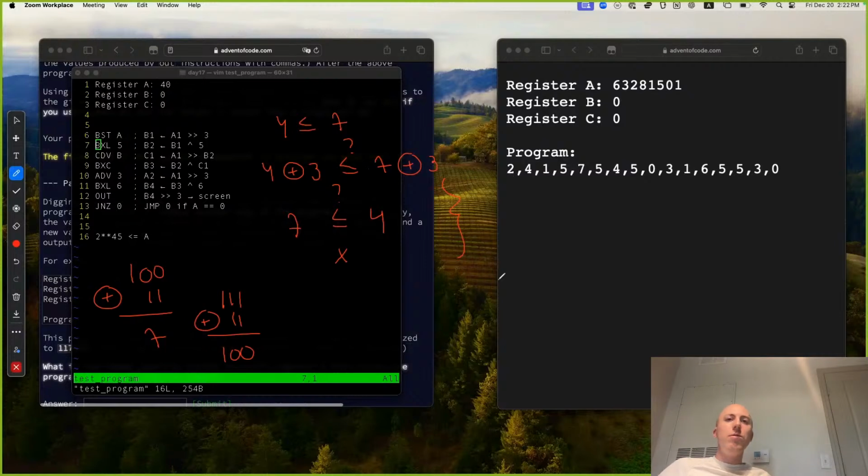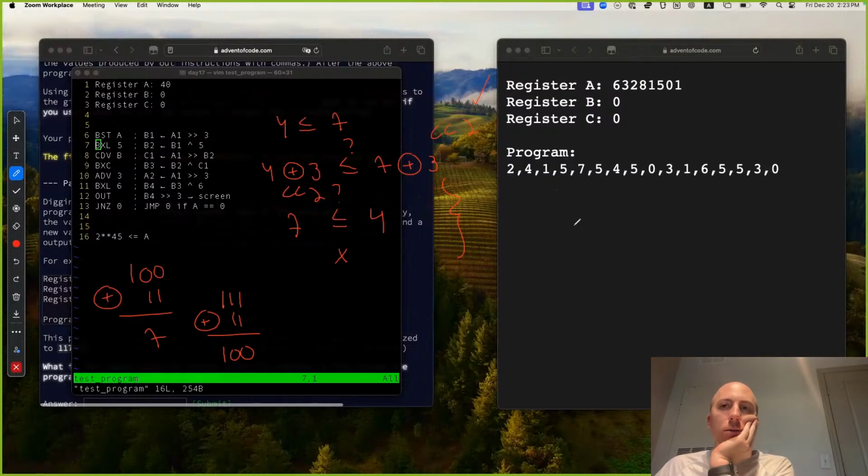I mean, if we shifted both of these over by 2, shift this thing over by 2, shift this thing over by 2, then that'll hold. It'll hold.